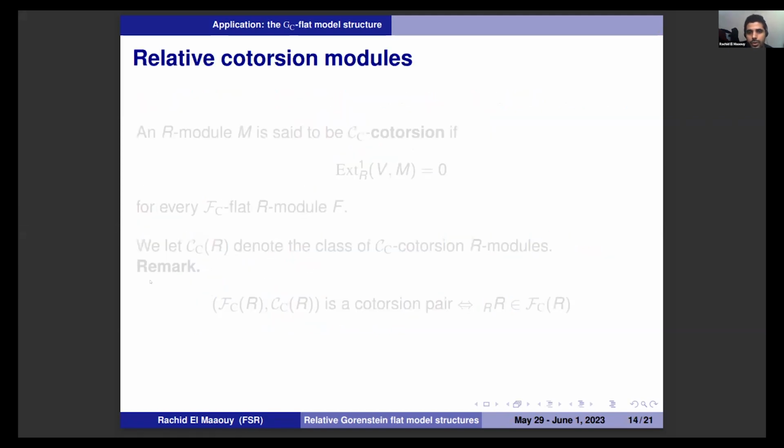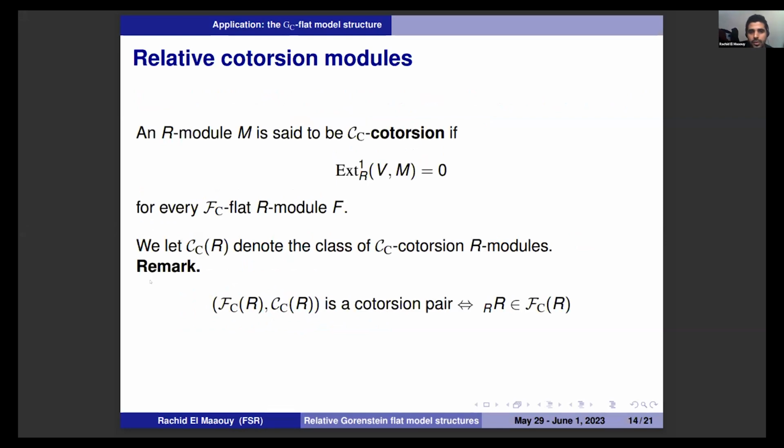A natural choice for the class R is to define modules as the right orthogonal of relative flat. So a module M is said to be relative cotorsion if it is right orthogonal, with respect to Ext^1, to all relative flat modules.